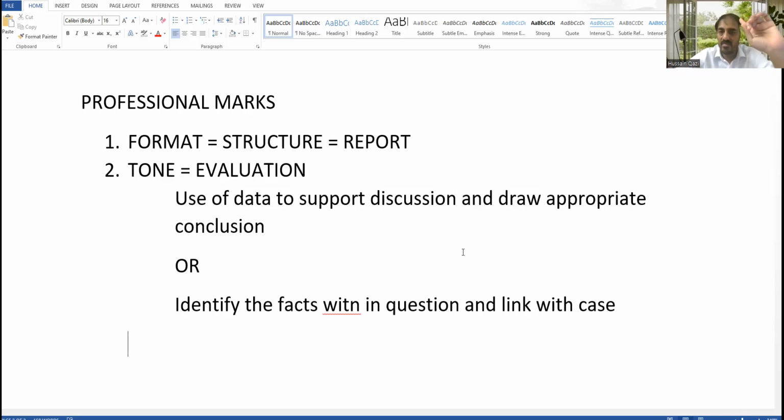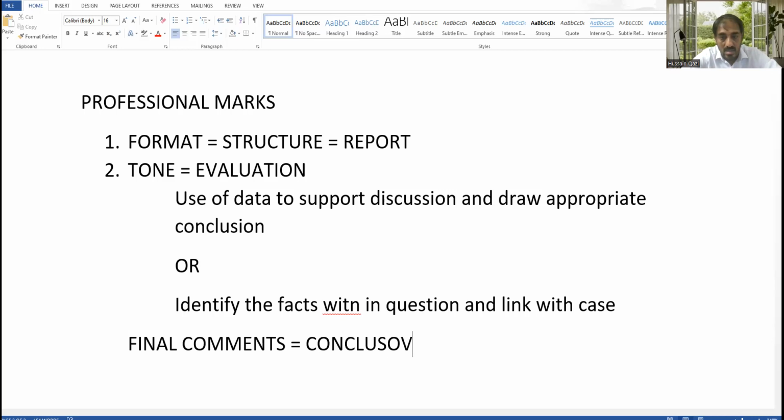The purpose is the same: use the data to support discussion and draw conclusion, or identify the facts within the question and link with the case. Final comments must be conclusive, conclusive with justification.